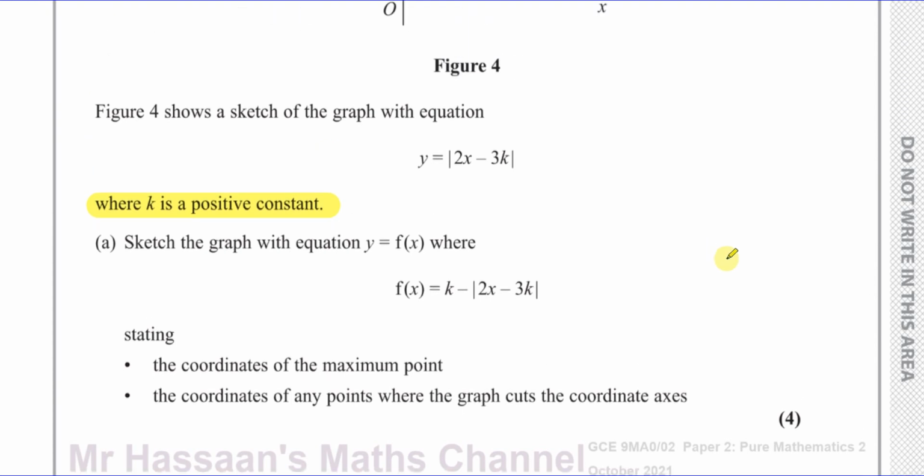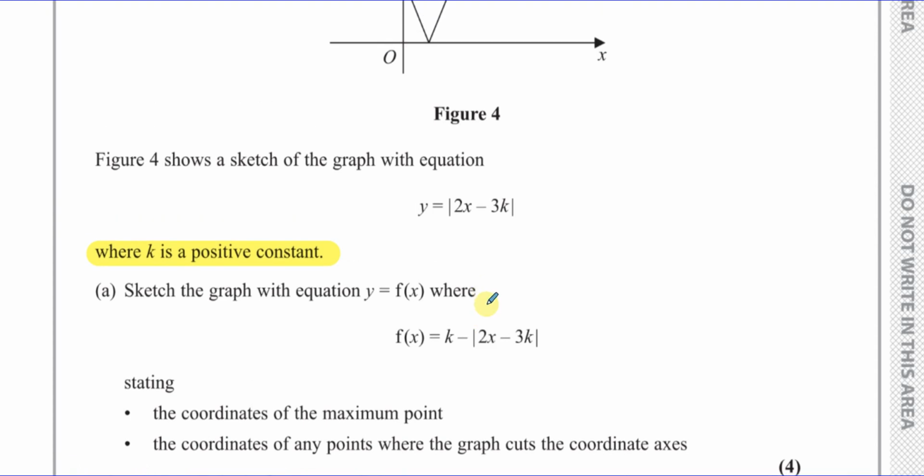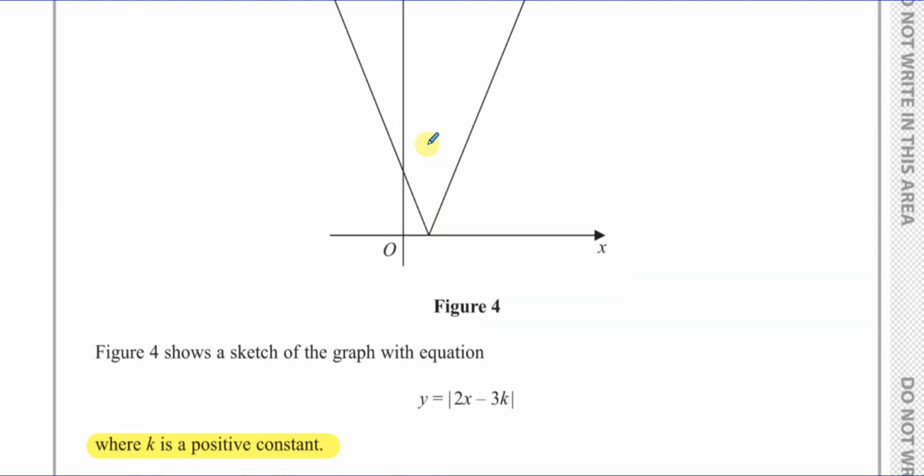Okay, so now basically, if we look at this equation here, we can work out from this where its vertex is, what shape it has, and we can also work out where it crosses the x and y axis in terms of k. And we should note that this is basically a transformation of this graph.